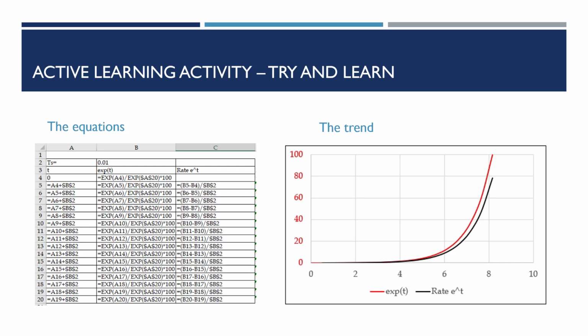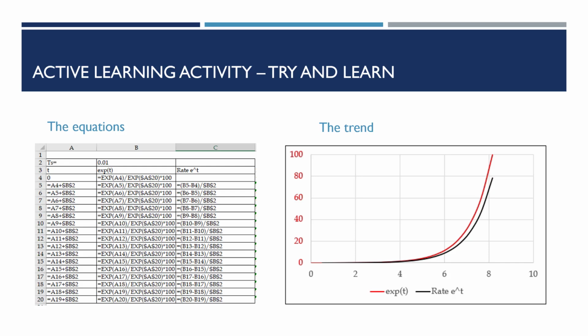The purpose of this active learning activity is for the learner to stop for a moment, look at the equations that are shown on the left-hand side for a spreadsheet implementation of the exponential function that we just described.